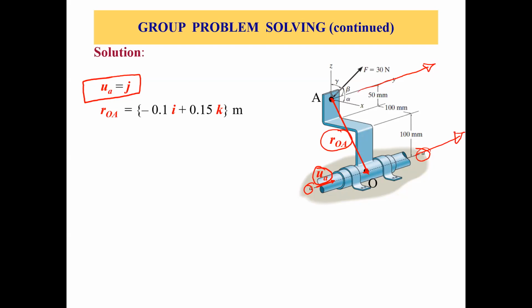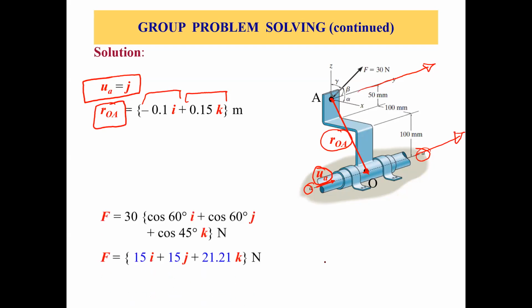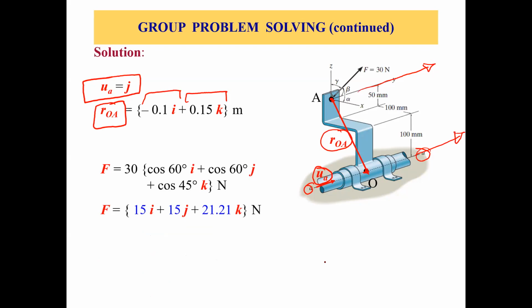If you use that, you'll get negative 0.1 i, positive 0.15 k, because j is already 0. Now we have this unit vector and this position vector. Now we just need the force vector. We can use alpha, beta, and gamma to find the force in Cartesian form.